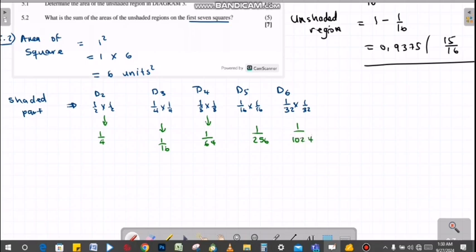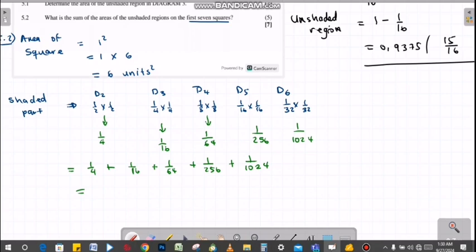So now what should we do with these areas? We should add them. So the shaded part will be 1 over 4 plus 1 over 16 plus 1 over 64. There's no need to use a formula since there are few. 1 over 256 plus 1 over 1024. Let's calculate.